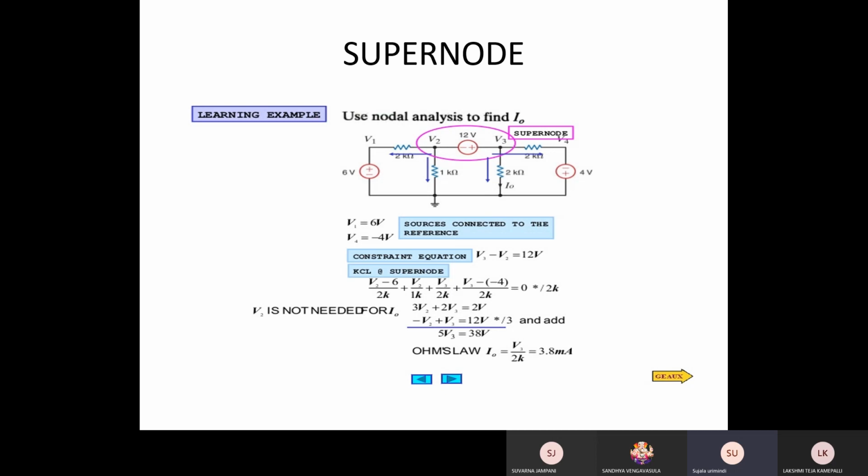So super node, super mesh, that is KVL, KCL, super node and super mesh. Super mesh means if any current source is in between two loops, then it is called super mesh. If any voltage source is in between two nodes, then it is called super node analysis.